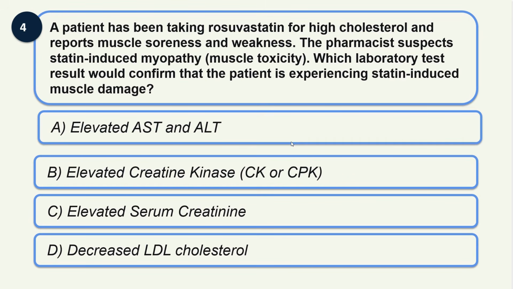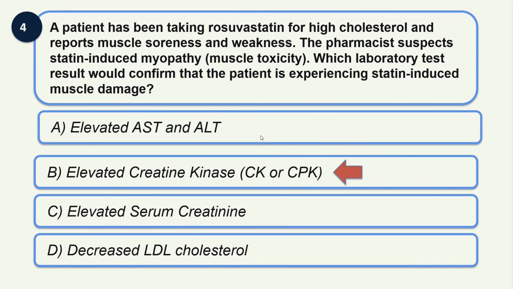After starting rosuvastatin, you may see many lab changes. But the keyword in the question is which lab test indicates muscle toxicity caused by statins. The first answer also sounds correct, but the best answer is elevated creatine kinase, which is a sign of muscle toxicity caused by statins.